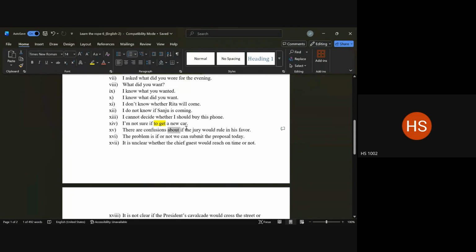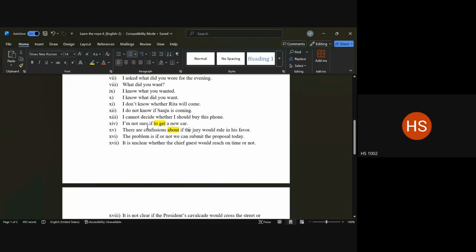Confusions about. What is about? About is a preposition, right? So whenever you have a prepositional phrase or preposition before your if or whether clause, like the jury would rule in his favor, you have to use whether, not if.